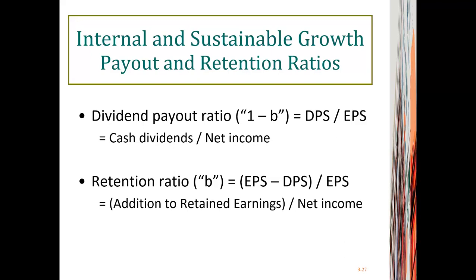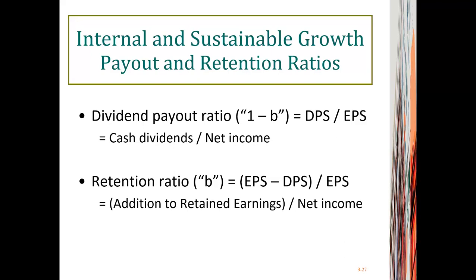Here we're going to introduce two different ideas. One is internal growth, the other is sustainable growth. Let's start with dividend payout. When a company makes a profit, it pays dividends, but most companies won't pay 100% of their profit as dividends.